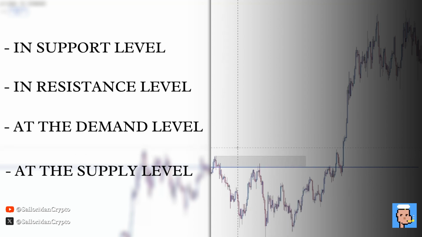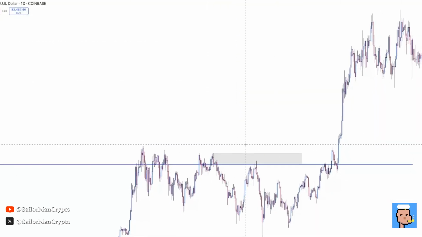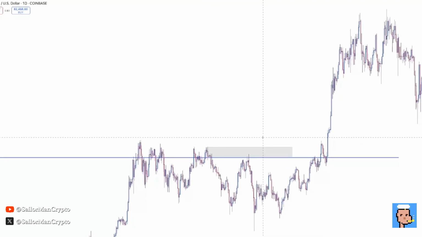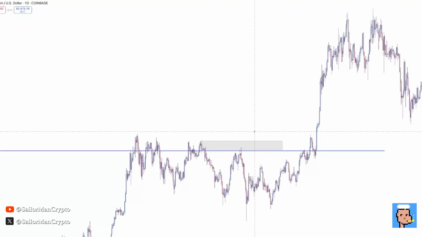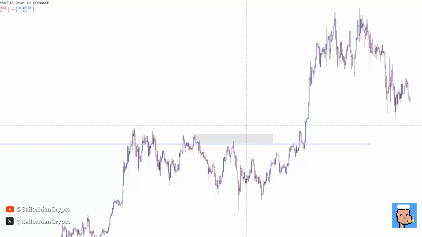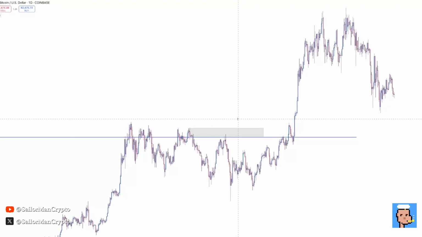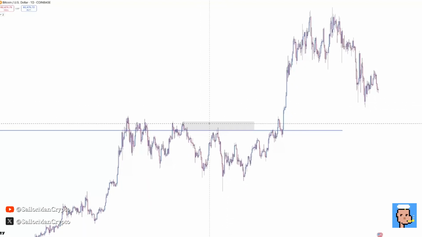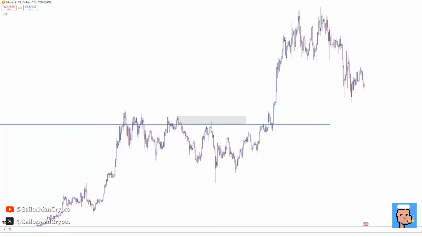So this will dramatically increase, on one end, your edge in finding a possible good spot for a trend reversal, but it will also dramatically increase the risk reward ratio of your trade.